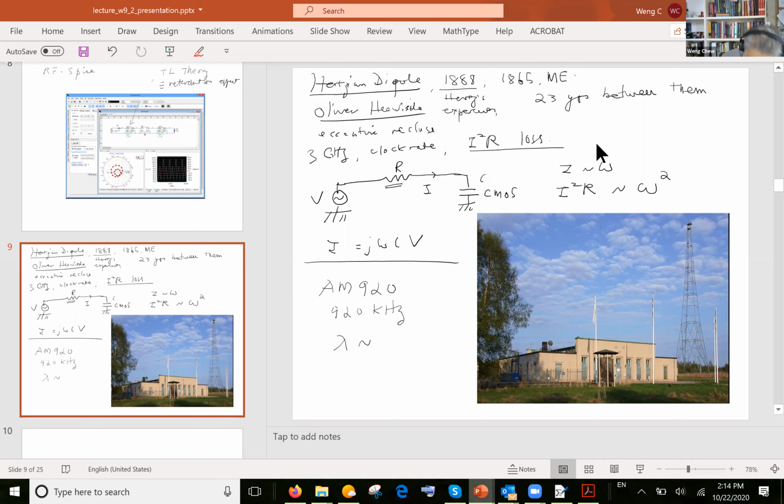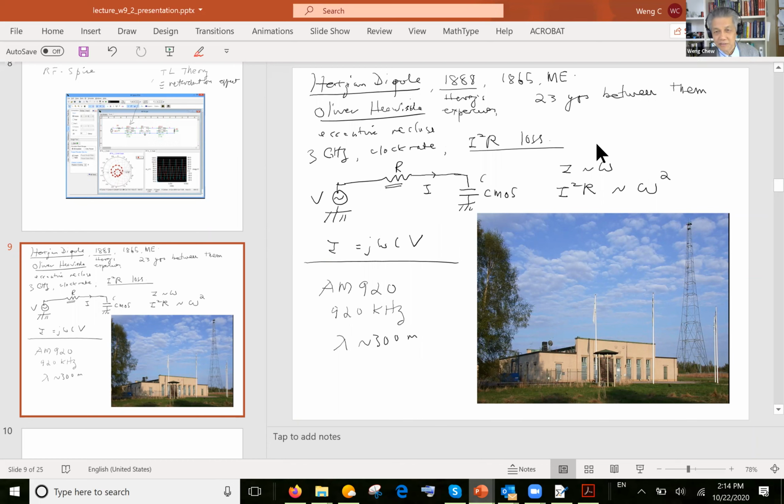The wavelength is on the order of hundreds of meters. How many meters is that now? 300 meters? Yes, I calculated that it was 300 meters.